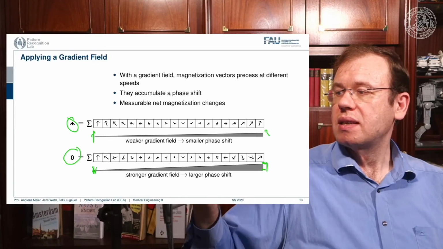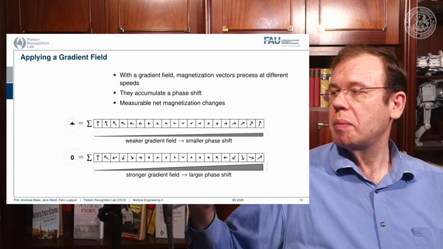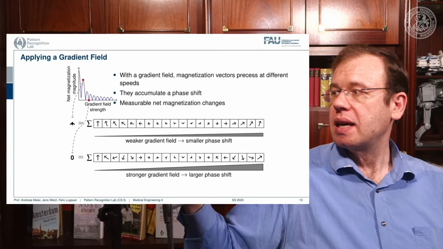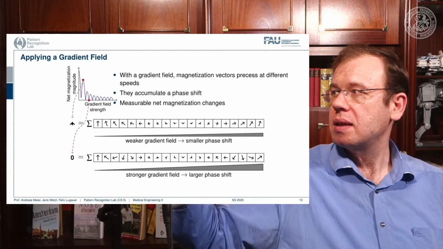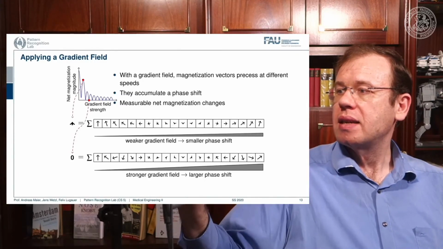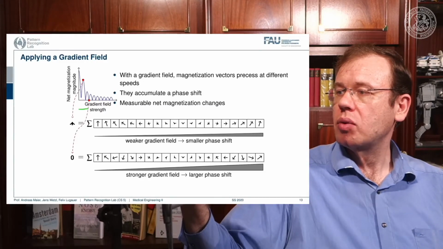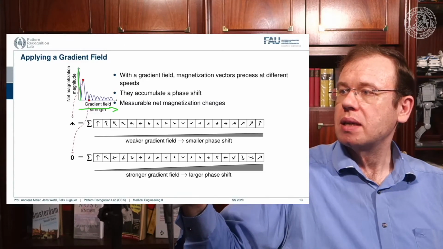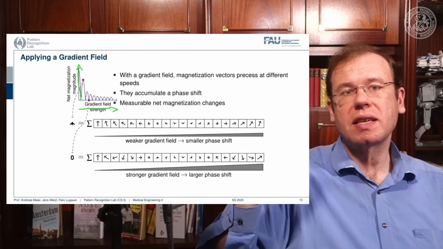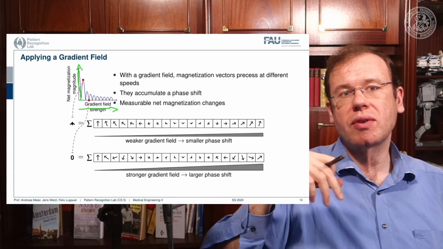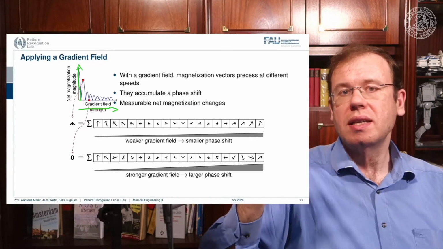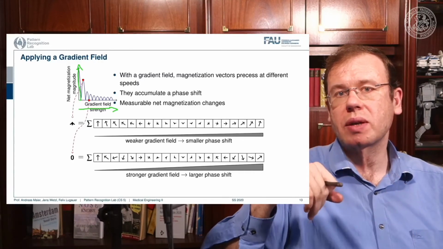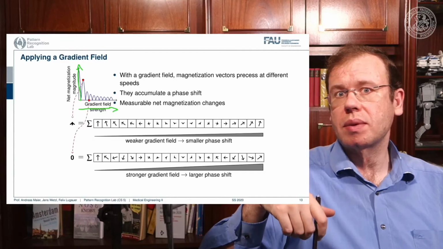Now you can see that the arrows here form a pattern, right? So you could argue that if I did these two measurements, I could plot the gradient field strength here to the right-hand side and the magnetization here to the top. Obviously, without any additional gradient field, I get the highest magnetization simply because everything is in synchrony and I have no effects of the neighboring voxel that they disturb each other.